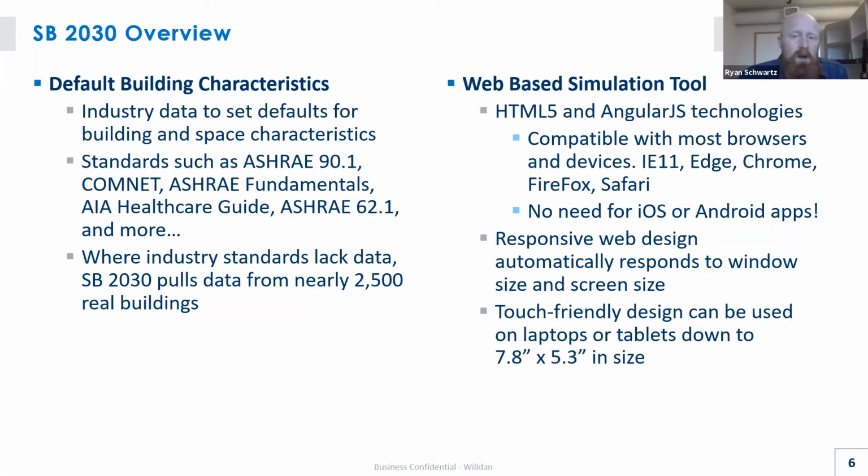And so we started out with a lot of defaults relying on industry standards such as ASHRAE, ComNet, fundamentals, healthcare guidelines, and ASHRAE 62.1 for ventilation requirements. And where those standards lacked or left blanks or gaps, we relied on a previous project data set to help fill in some of those blanks.